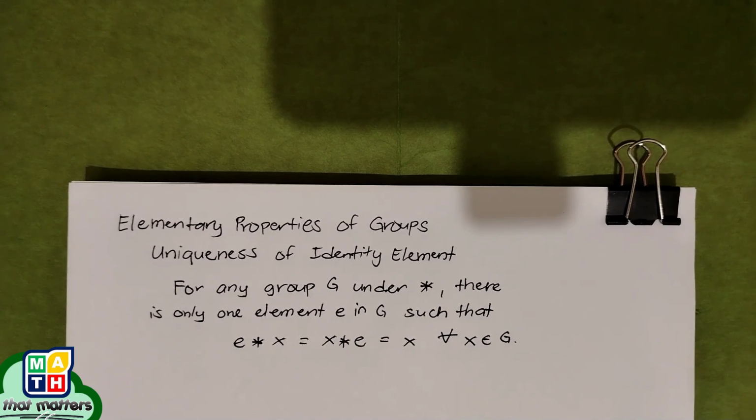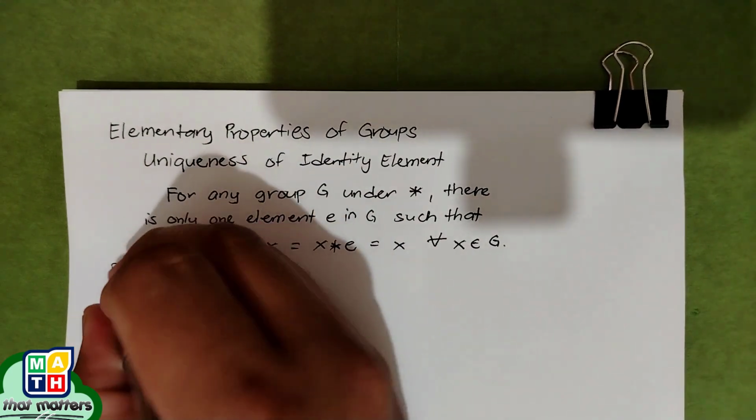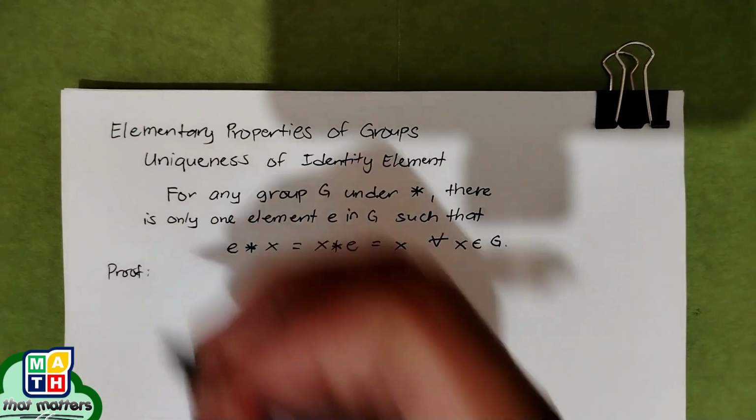So we're going to show here that there is only one element. There can never be two. There are a lot of proofs for this, but let us use this one here.